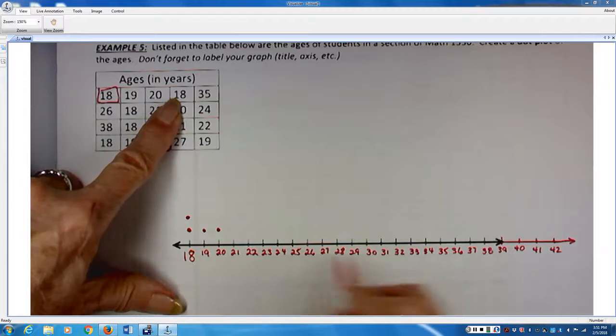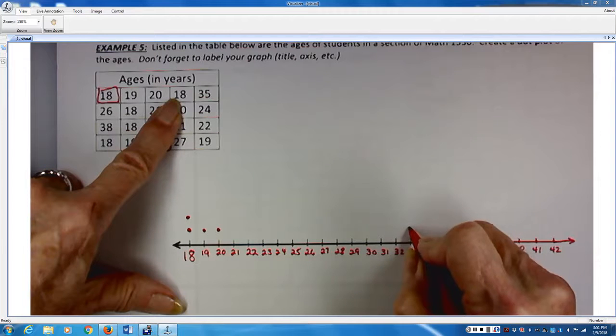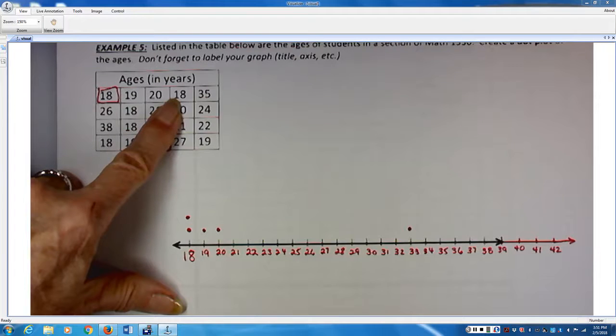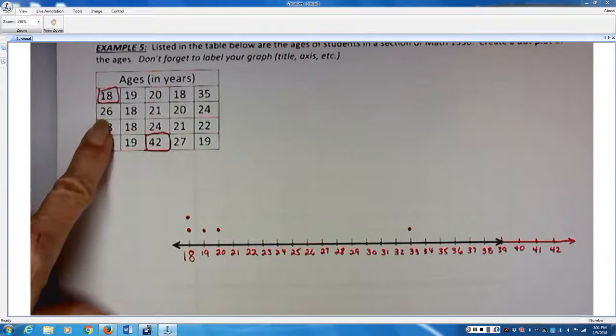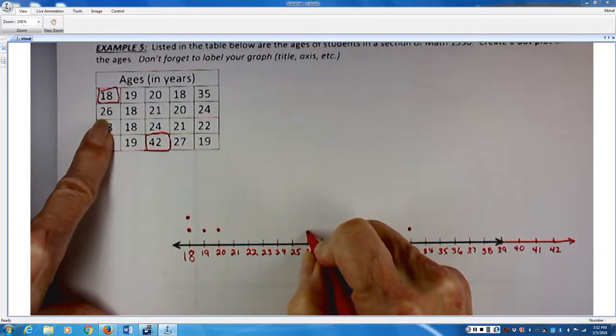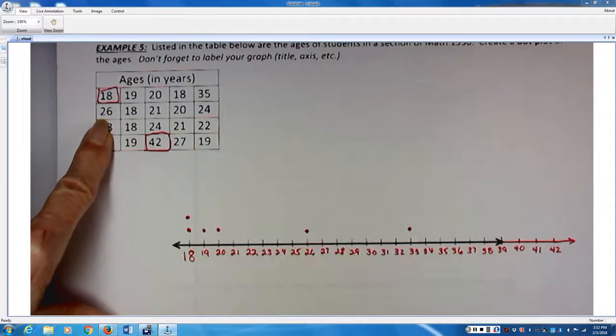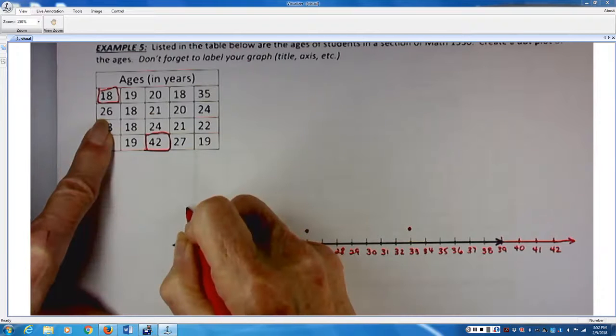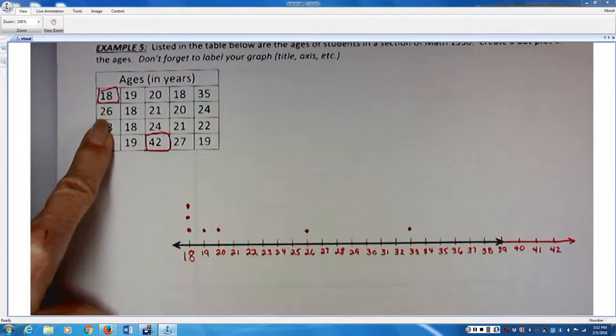This other 18-year-old is another dot, but it's on the 18 mark. The 35-year-old is a dot over 35. The 26-year-old is a dot over 26. The 18-year-old goes back in the 18-year-old group.